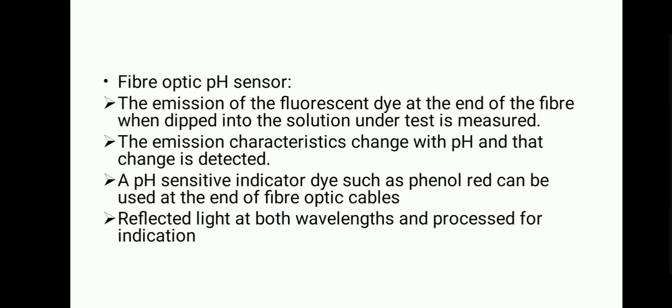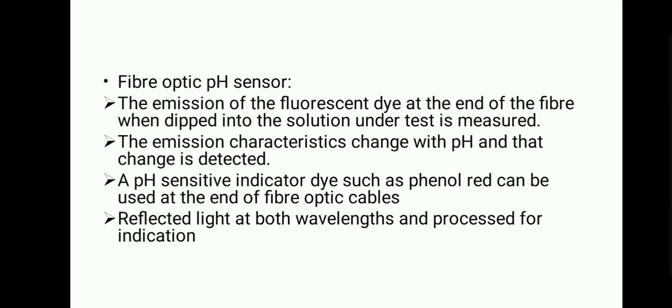Okay, so here the emission of fluorescent dye at the end of the fiber when dipped into the solution under test is measured. So what we are doing here, we are using a fluorescent dye and we are applying it at the end of the fiber. We are going to measure the emission properties of this fluorescent dye.